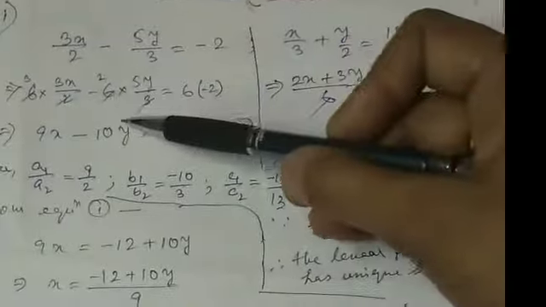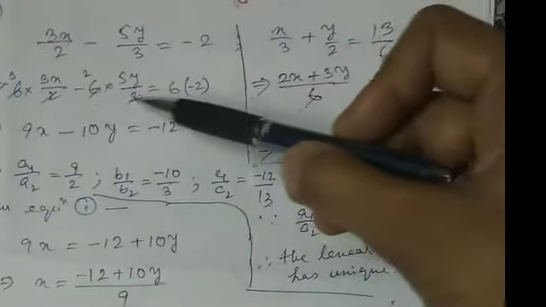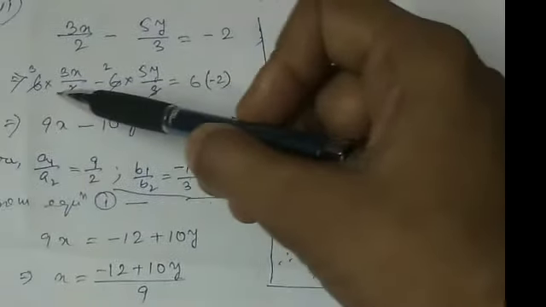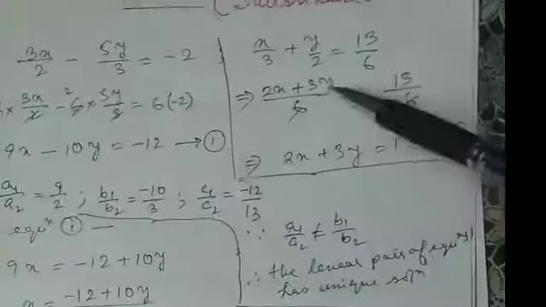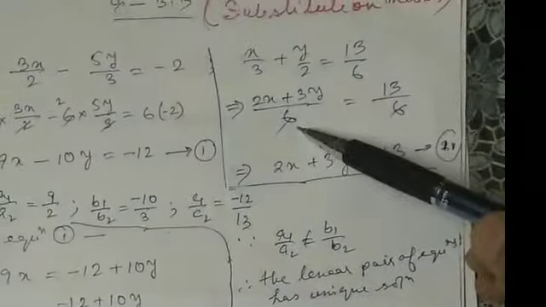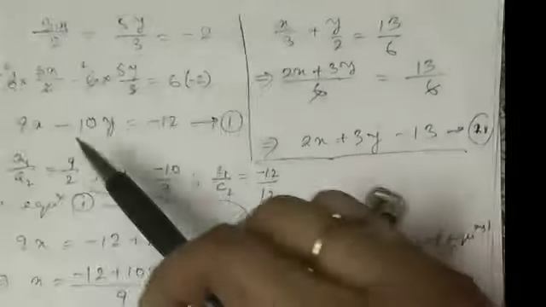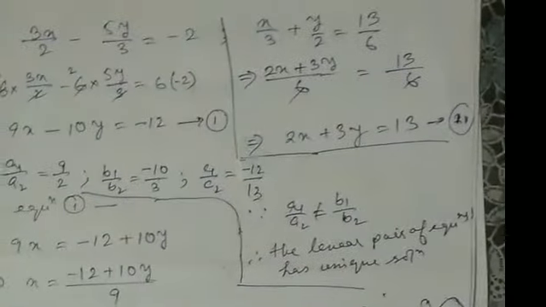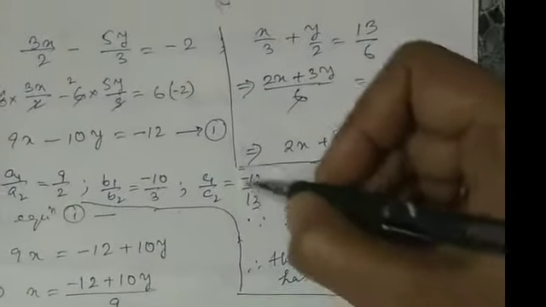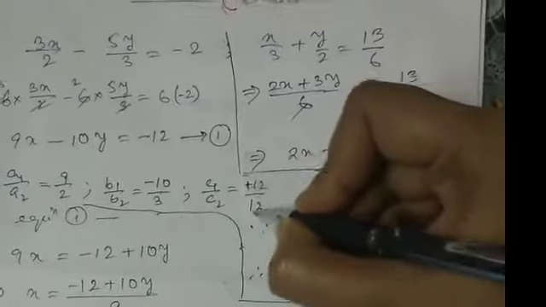Here it is done by multiplying the given variables by their LCM, and here directly by taking another LCM I have done. Anyway, you can do it.